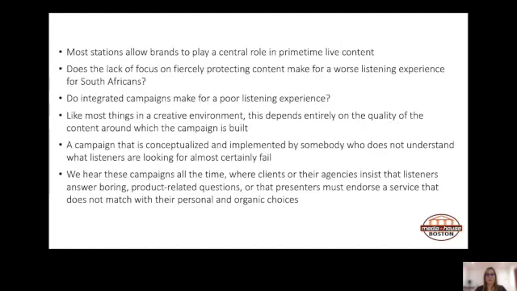For example, the United Kingdom supports around 300 commercial radio stations, whereas South Africa only has 30 to 35 commercial radio stations, even though the population of the UK is very similar to that of South Africa. So this has led to South African radio stations becoming very flexible with regards to how they allow brands to engage with their audiences. Most stations allow brands to play a central role in primetime live content.